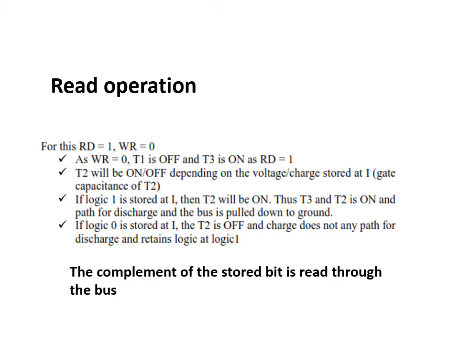Thus T2 as well as T3 are both in on state, and the path for this charge is present and the bus is pulled down to the ground. So the output read through the bus is 0. If logic 0 is stored, then T2 is in off state and charge does not have any path for discharge, and it will retain logic 1 in the bus. So you should note that the complement of the stored bit is read through the bus.